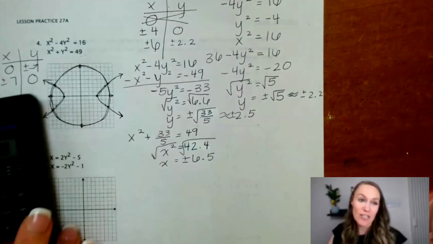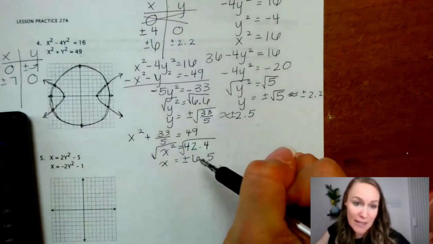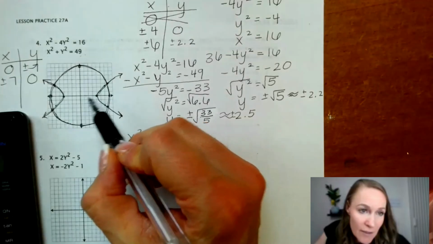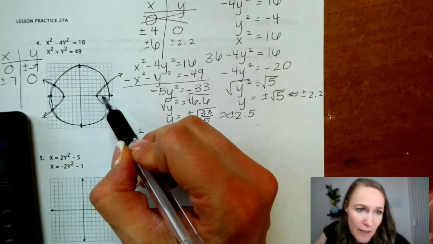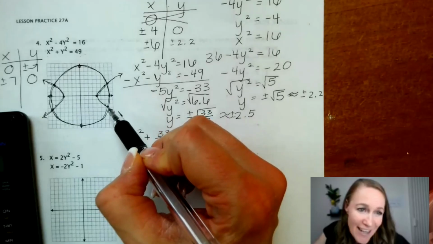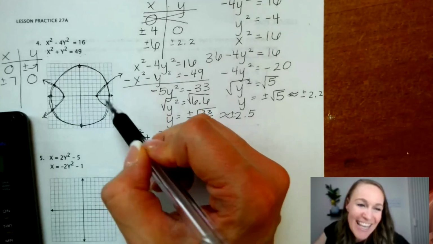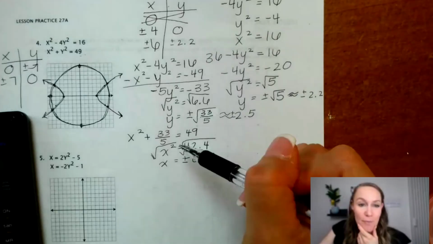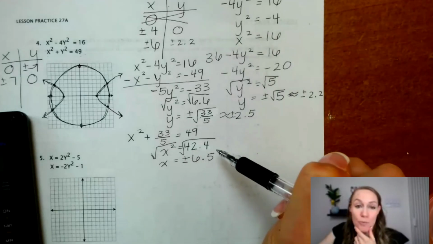This is an estimation. So does that make sense? So the x is going to be 6.5-ish. And then 1, 2, 3, 4, 5, 6. So yeah, ish. That sounds about right. So my exact number is going to be plus or minus the square root of 42.4.